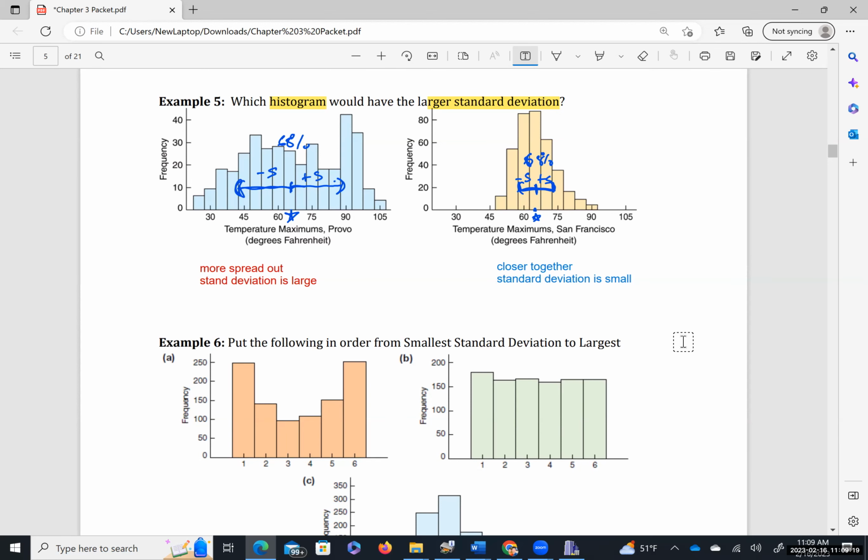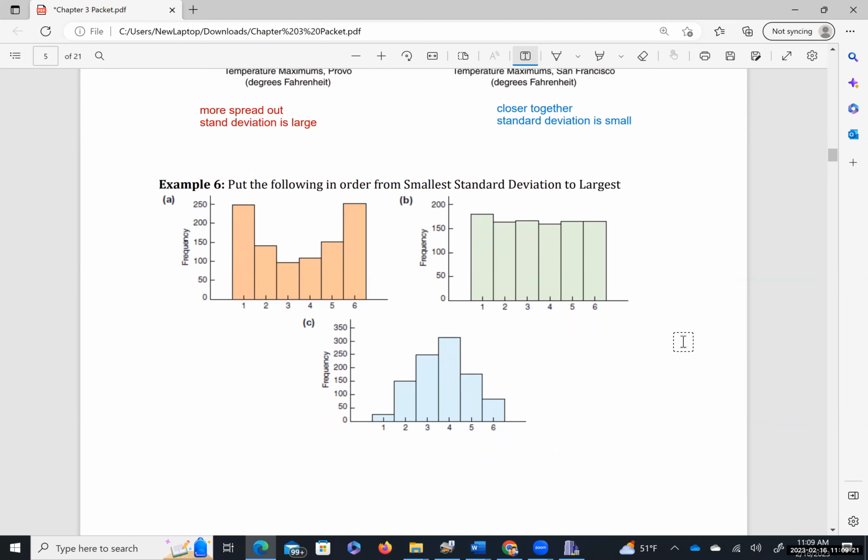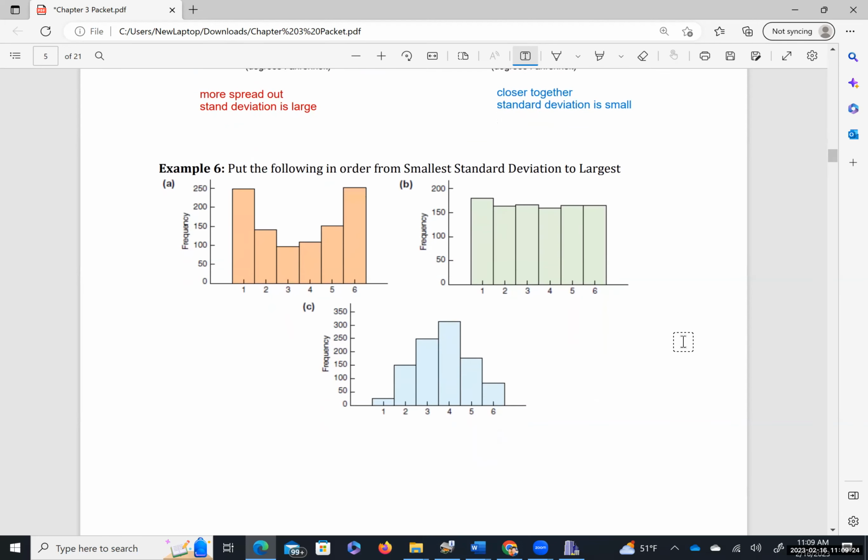Let's move to example number 6. We're gonna try to put the following in order from smallest standard deviation to largest. So think about 68% of these in estimate.